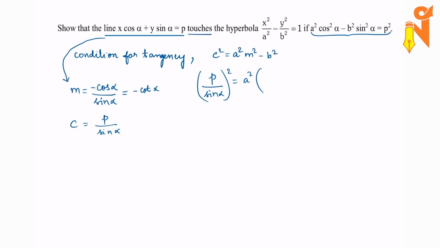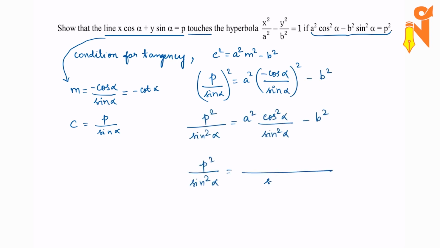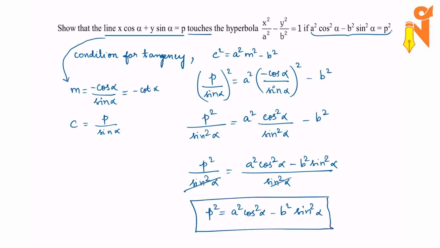You can substitute m as minus cot alpha, or cos alpha by sin alpha, because in the left side denominator you have cos alpha. If you take LCM on the right side, you can cancel sin square alpha on both the sides. So p square is equal to a square cos square alpha minus b square sin square alpha, which you are supposed to prove. Hope it is clear to you.